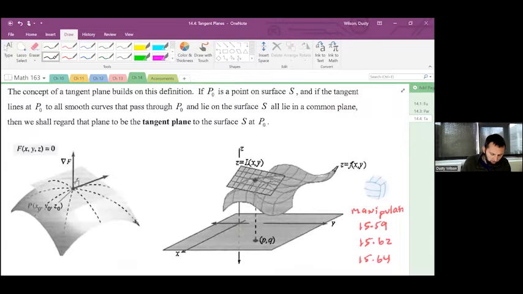So notice that our P naught is the point right in the middle. And we could look at a whole bunch of curves that all go through that same point. All of those curves have little unit tangent vectors at P naught.